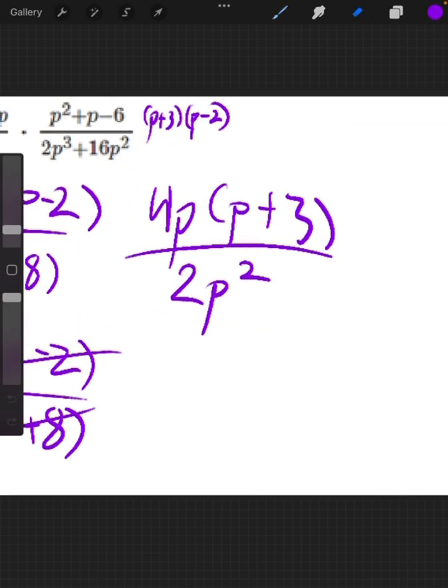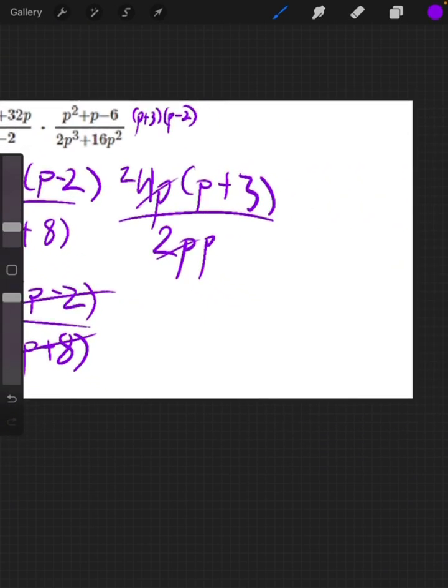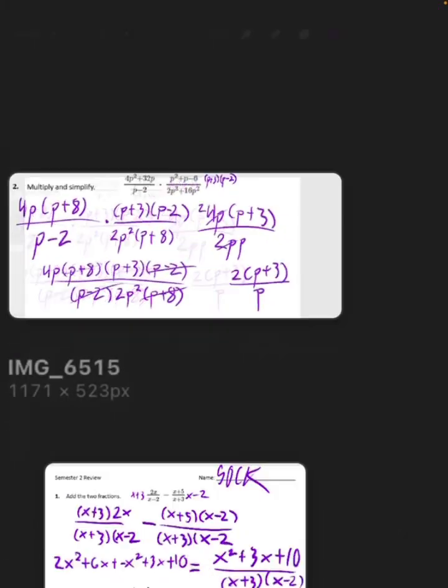Technically this p squared is 2 p's times each other, because that's how exponents work. So then we can cancel out 2p from the top and the bottom, which will leave us 2 on the top. So then we have 2 times p plus 3 over p. Pretty sure that's right. Yeah, that's right.